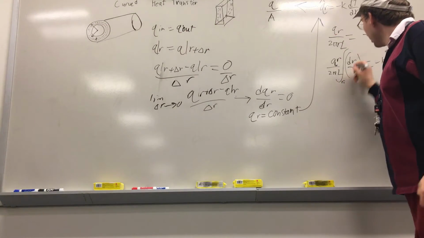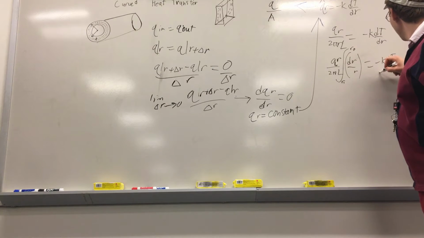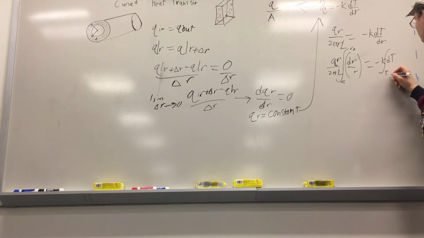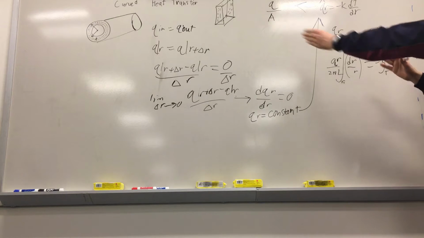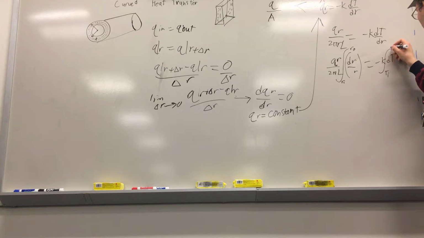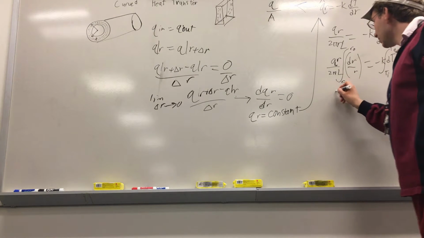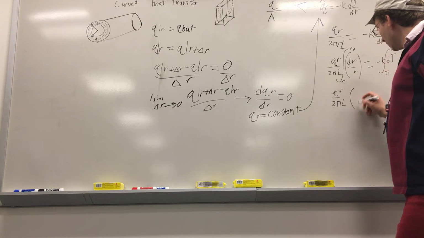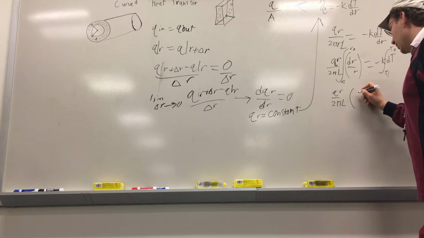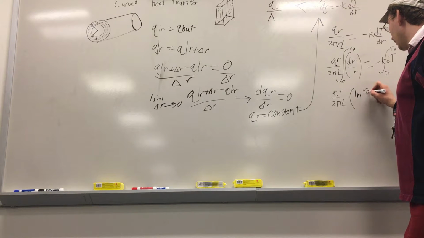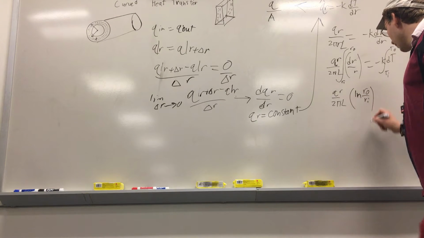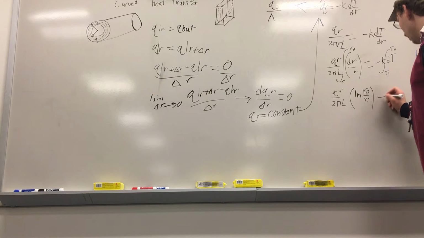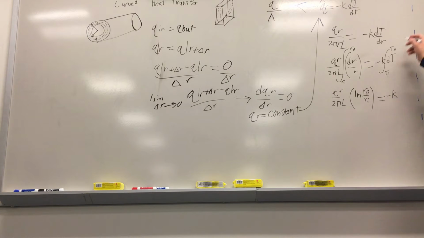So Ri and Ro. We can do the same thing with the temperature. Assuming that K is constant, we can just pull it out. So Qr over 2 pi L times the integral of this, when everything's said and done, is the natural log of Ro over Ri, which is equal to negative K times To minus Ti.